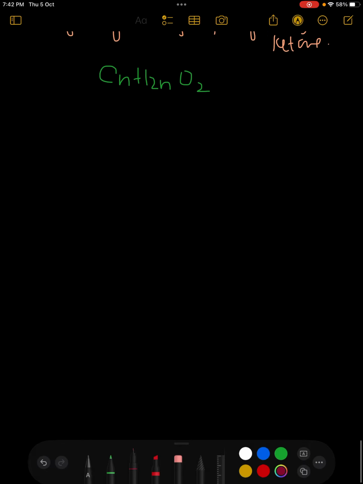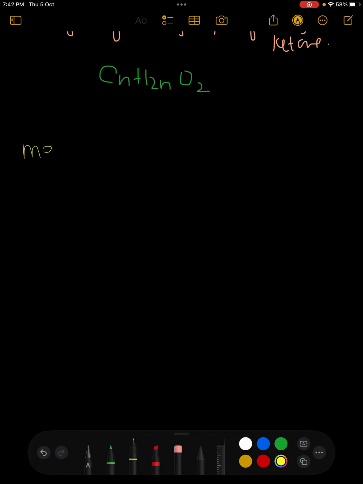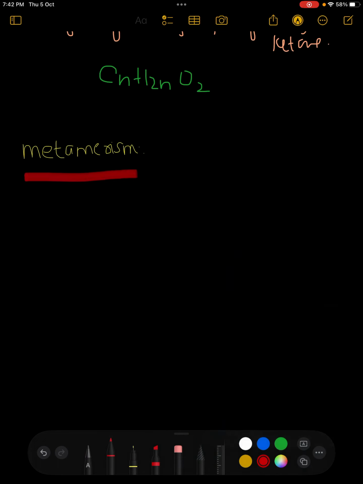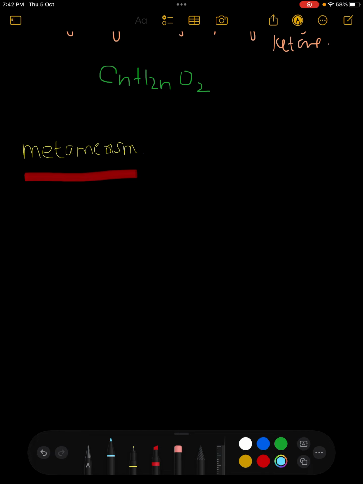Now let's look at metamerism. Metamerism, right?